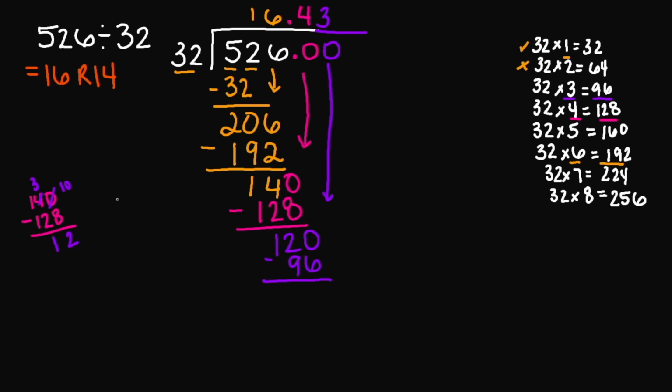Now I'm going to subtract 120 minus 96. 0 minus 6, I can't do that. I'm going to borrow from the tens place. This 2 will become a 1. This 0 at the end in the ones place will now become a 10. So now you have 10 minus 6.